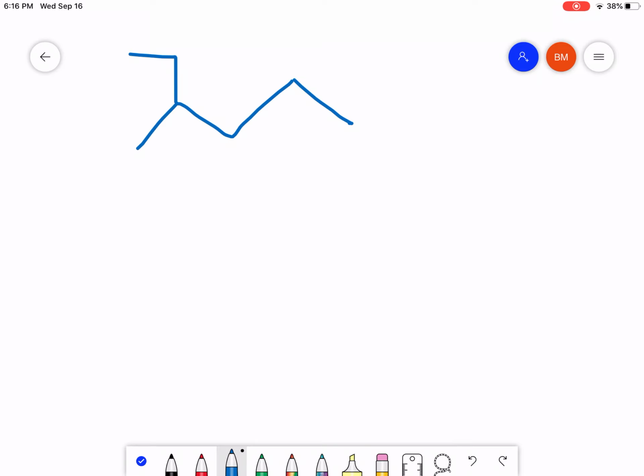This is definitely a little bit more complex. And let's say we were specifically looking at the Newman projections around that bond. I'll get you started. So front and back carbon. Let's just say this is back, this is front.